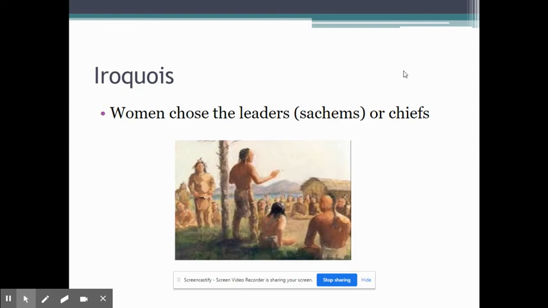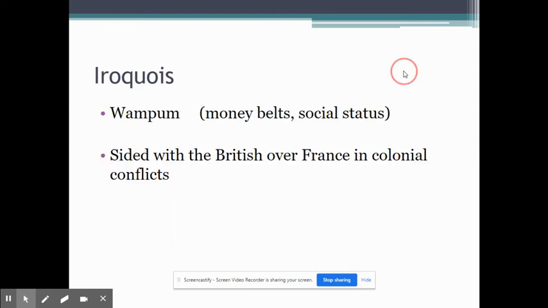The last thing we're going to write here for the Iroquois and finish up this assignment for today is that they had a system of trade, and they actually carried with them not actual coins, but the belt itself represented wealth or the money. It's called wampum.